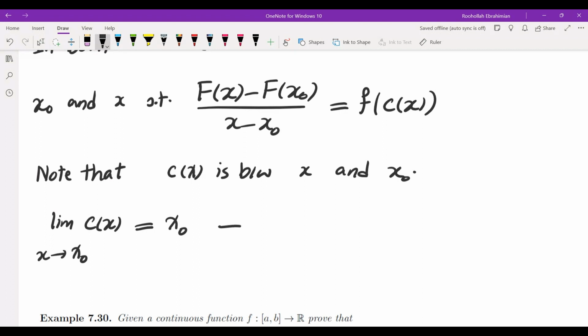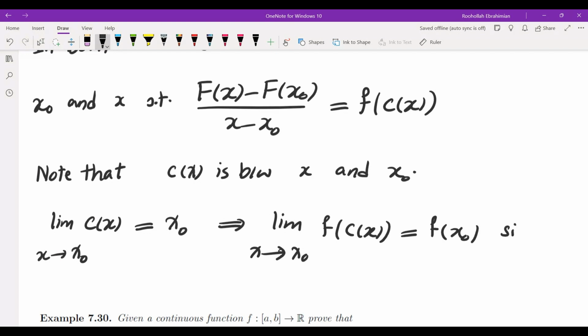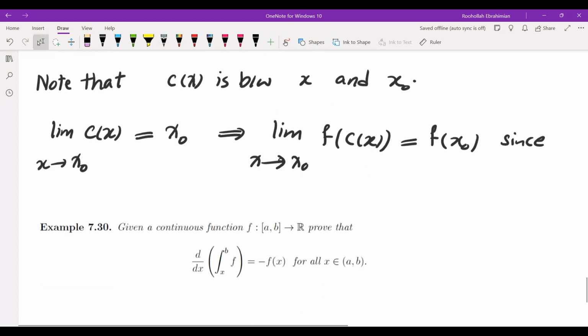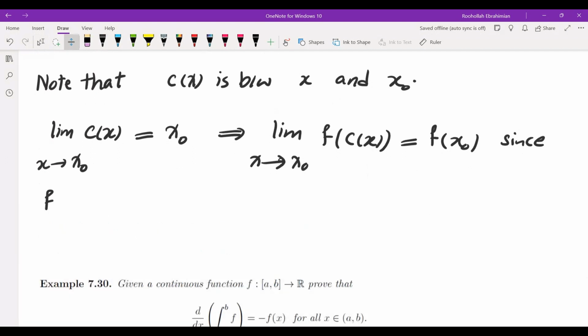So that means the limit as x approaches x naught of f of c of x is equal to f of x naught, since f is continuous.